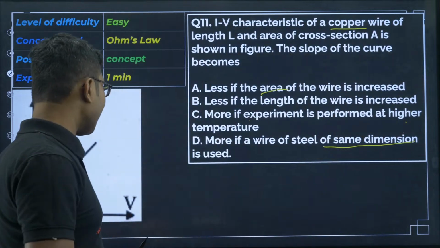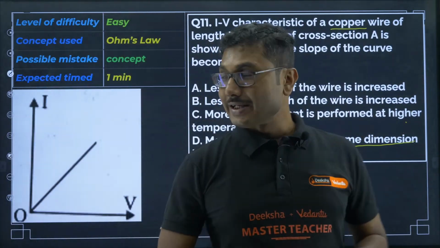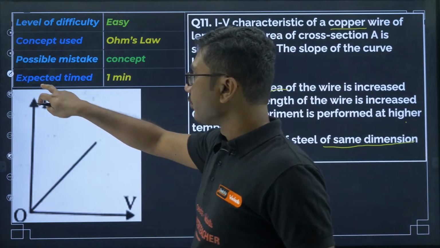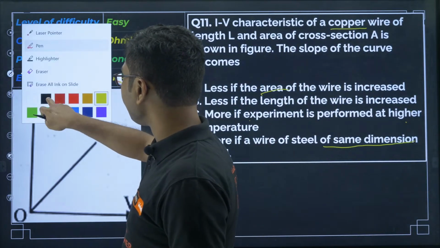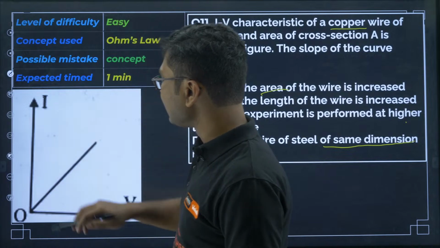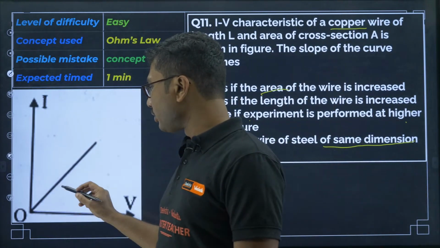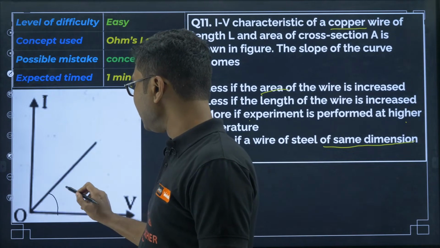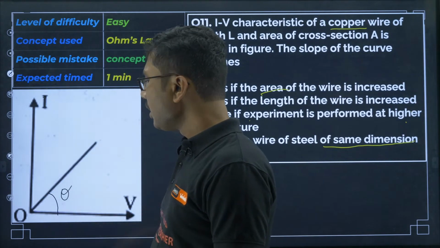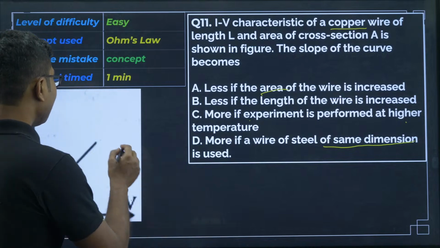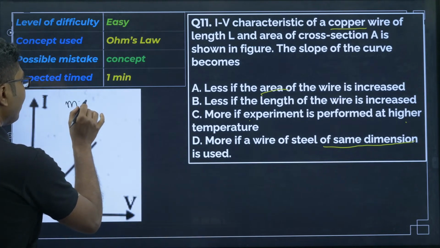So you have to understand what is the physics behind this question. What is this axis? This is I axis, this is V axis. And slope means, if you see this is the theta, slope is basically tan theta, right? How else do we represent slope?